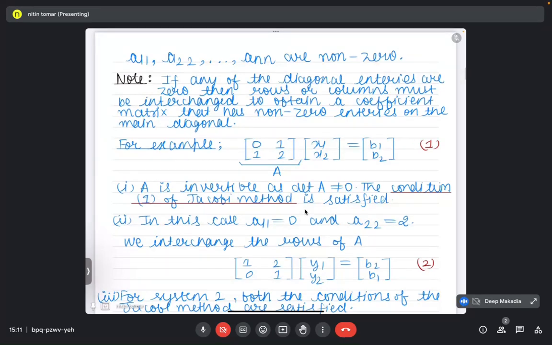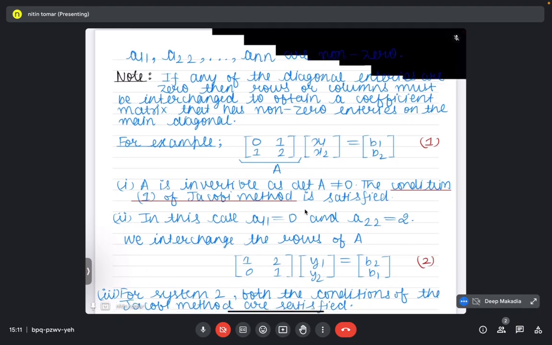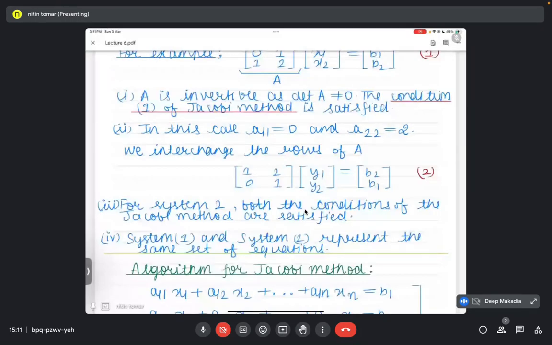Once we are done with the example, we will move forward. But take a pause and please note that for system 2, the conditions of the Jacobi method are satisfied.